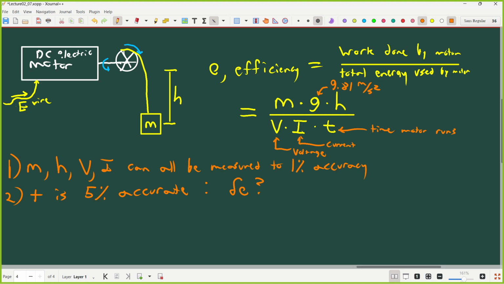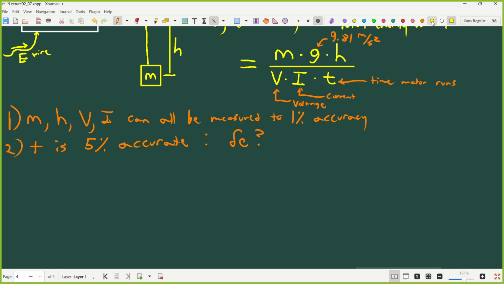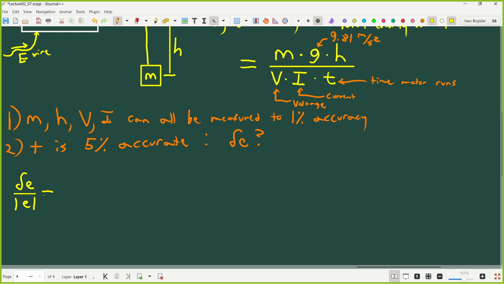All right, so let's look at that carefully. Remember, we have a formula that's a bunch of products and quotients, so we have to use fractional errors. That means the error in E divided by E is going to be some sum of the different errors. Let's do both ways. Let's do the linear addition and then the quadrature addition and see how it changes.